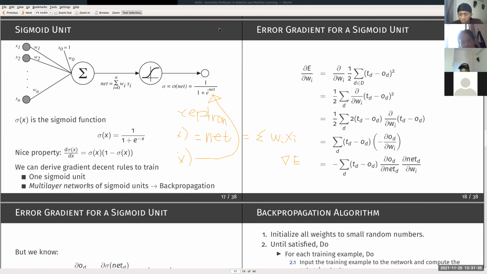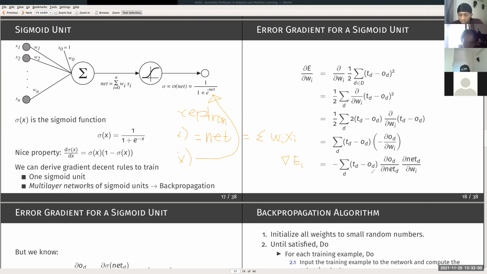Now this is the partial of E with respect to Wi. We are going to compute this for all W's, that means gradient of E with respect to W0, gradient of E with respect to W1. All we need to understand is this one.